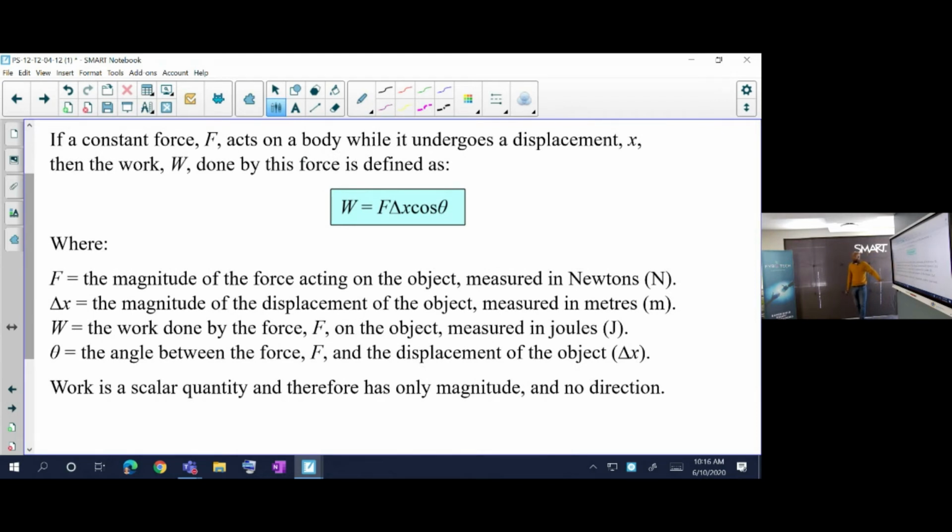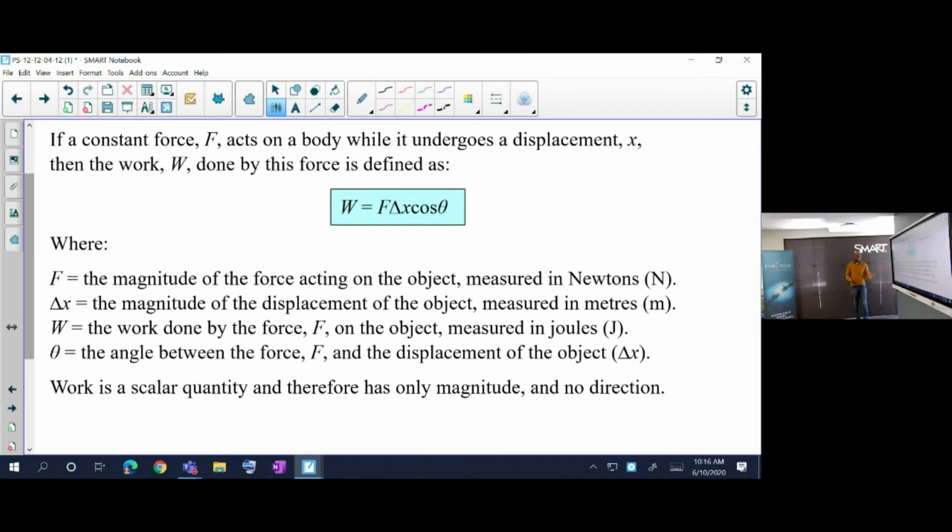This is very, very important. I said earlier that work is a scalar quantity and therefore has only magnitude and no direction. Okay, I tried to explain how we are going to reach a scalar quantity.